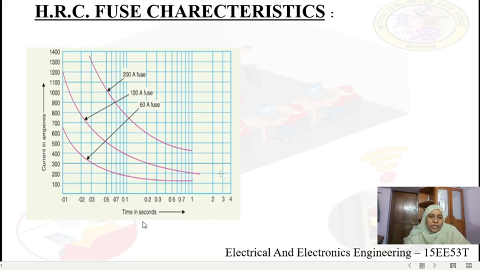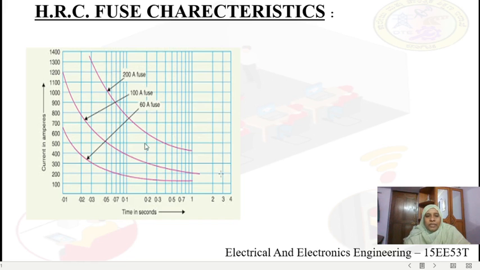From 0.01 to 4 seconds, we have marked the values on the x-axis, and current is marked on the y-axis starting from 100 to 1400 amperes. So when we plot the graph of time and current, we get the curves.